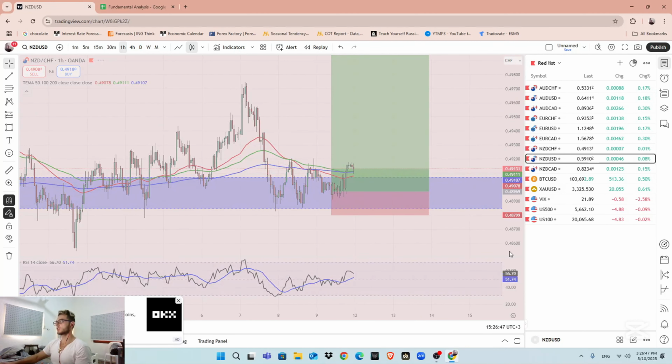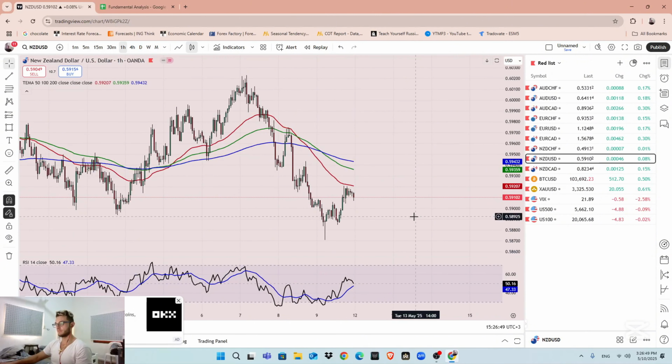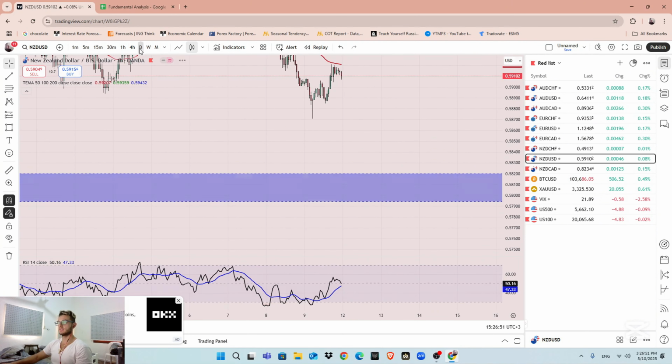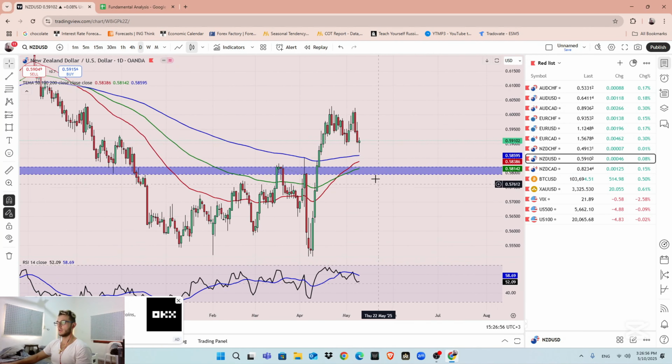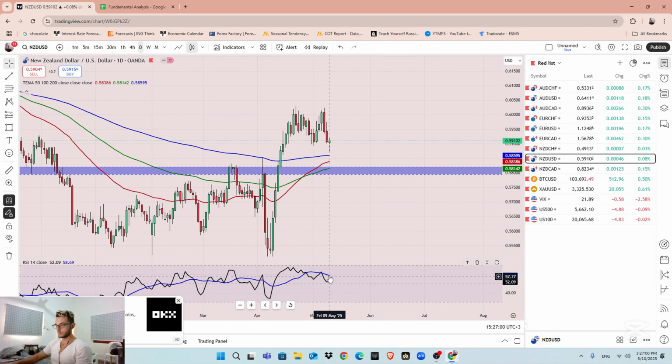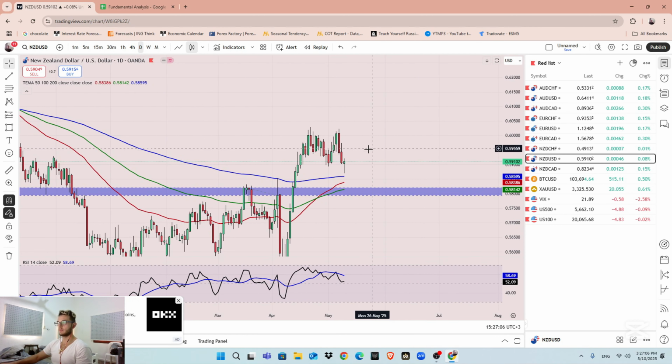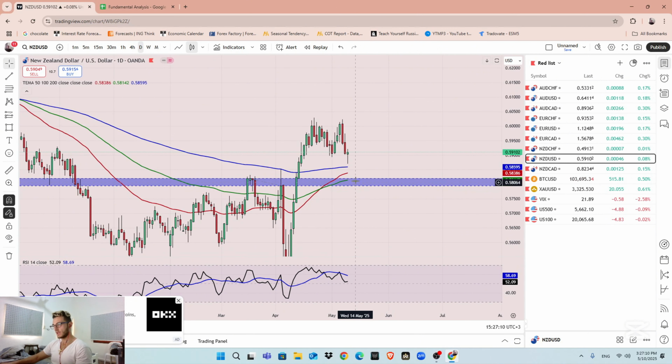Now we will jump into the NZDUSD. As you can see on the daily time frame, we are away from this zone, although we are below the moving average, but I would expect the RSI to go below 50 before continuation to the upside, and some retracement into this area would be a good area to buy from.